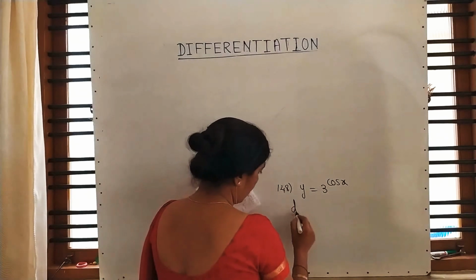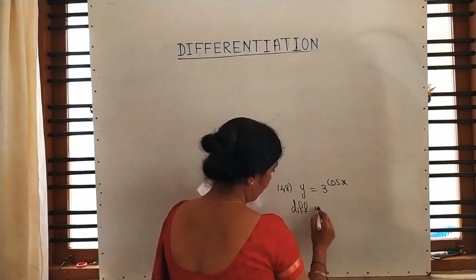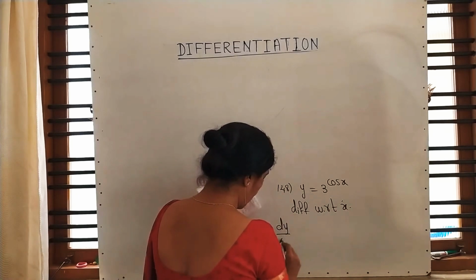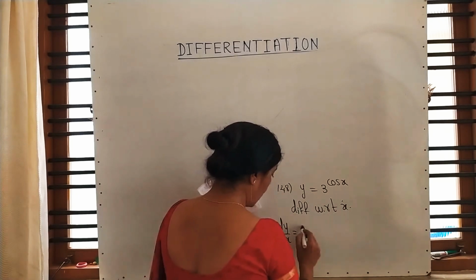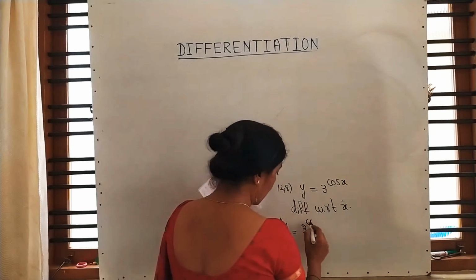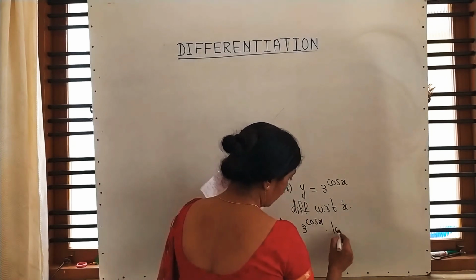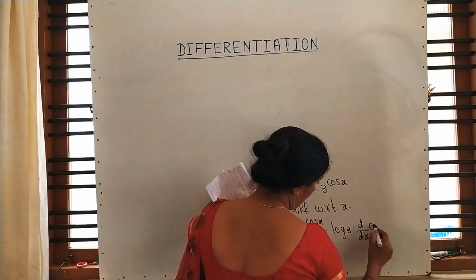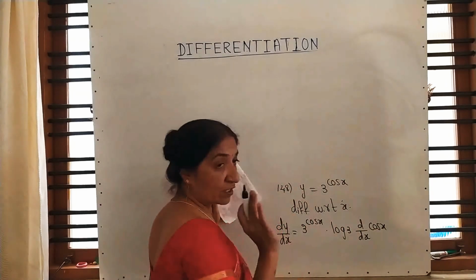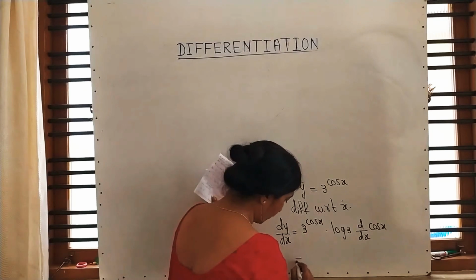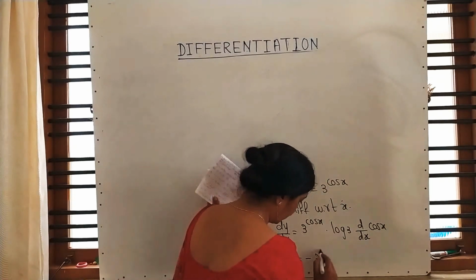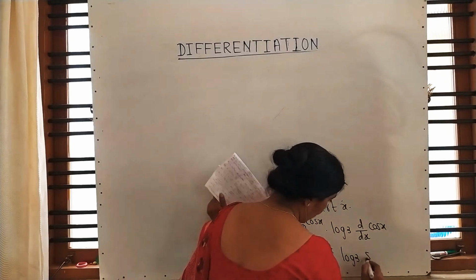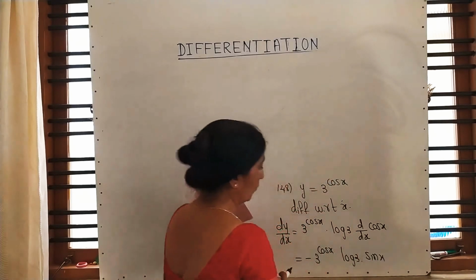Differentiating with respect to x, dy upon dx is equal to, it is in the form of 3 raised to x. It is 3 raised to cos x into log 3 into differentiation of cos x. What is the differentiation of cos x? Differentiation of cos x is minus sin x. That's why I wrote minus first and I wrote sin x as it is.